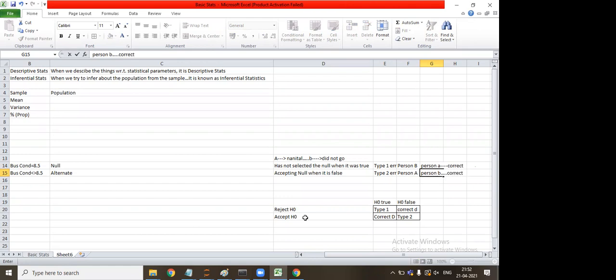Am I right? Because the second condition, the bus condition, was not 8.5, it is 4 or 3, whatever it is. So person A has made a mistake, but person B is fine with that. That's the correct decision.